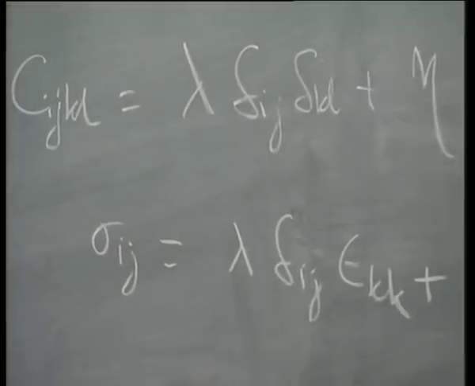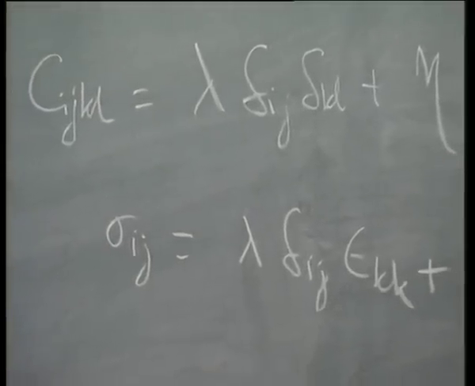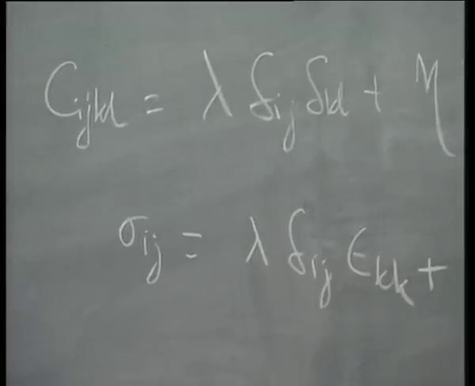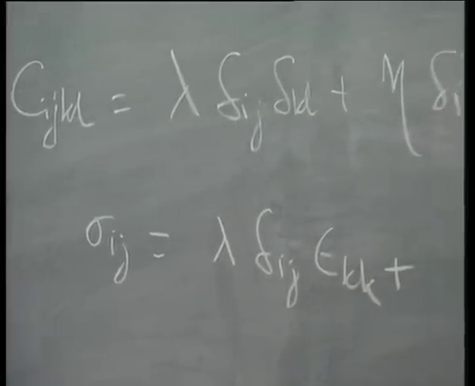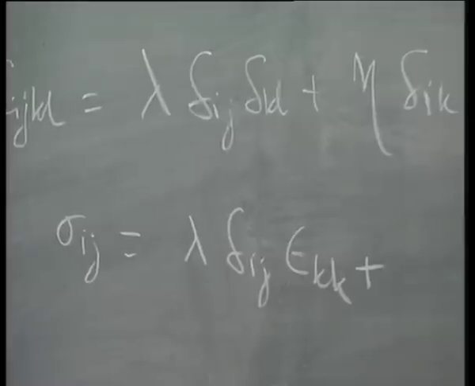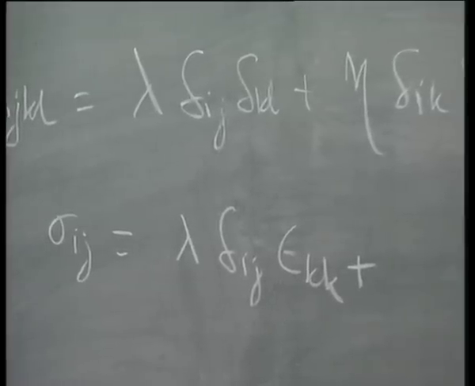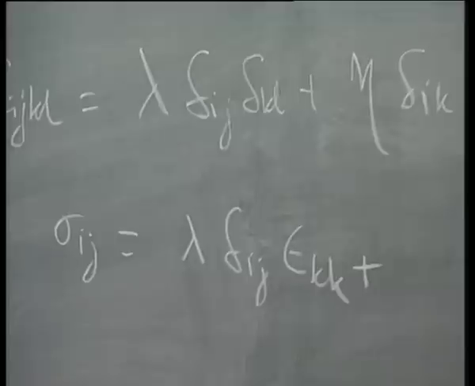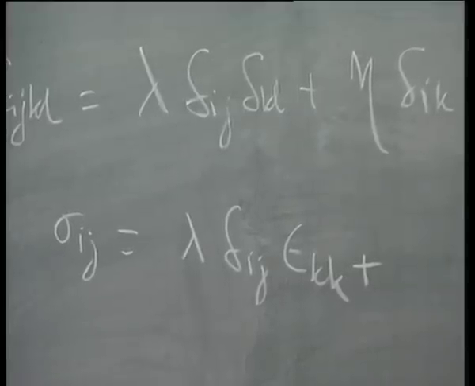plus eta into delta_ik delta_jl epsilon_kl. So what will happen? k will become i, j will become l.